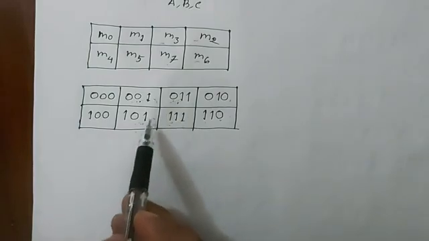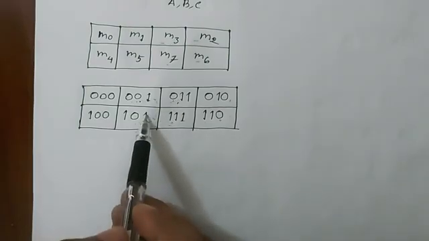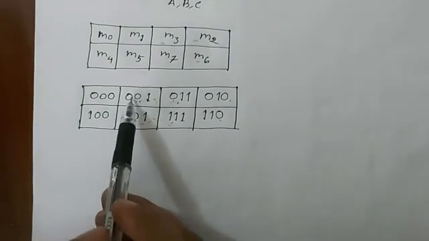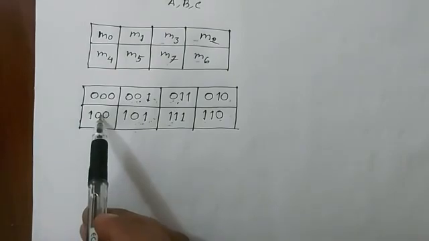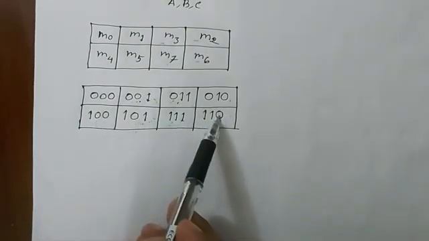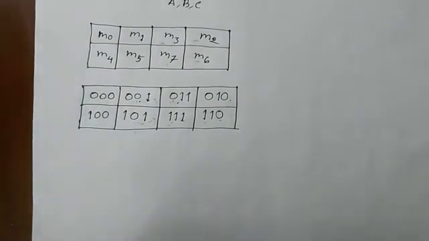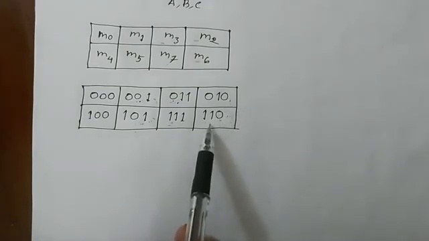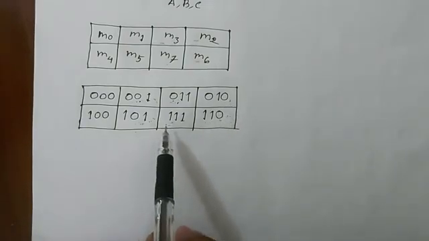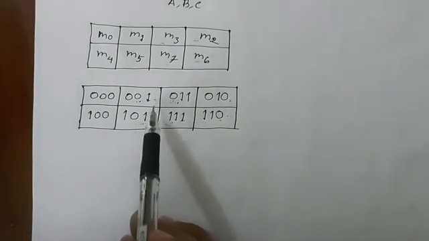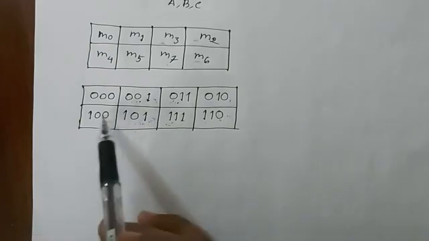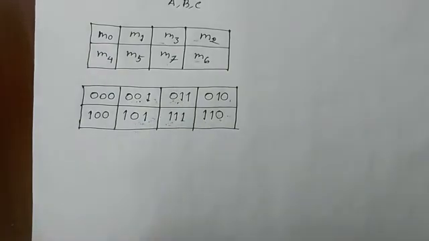They don't have one bit difference, right? They have more than one bit difference. So this one and this one are not adjacent, or this one and this one are not adjacent. If it goes diagonally, then we cannot say they are adjacent. This one and this one are adjacent, or this one and this one are adjacent. But diagonally they are not adjacent cells.